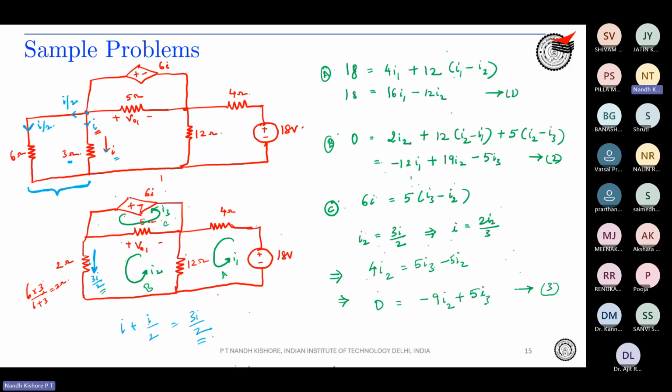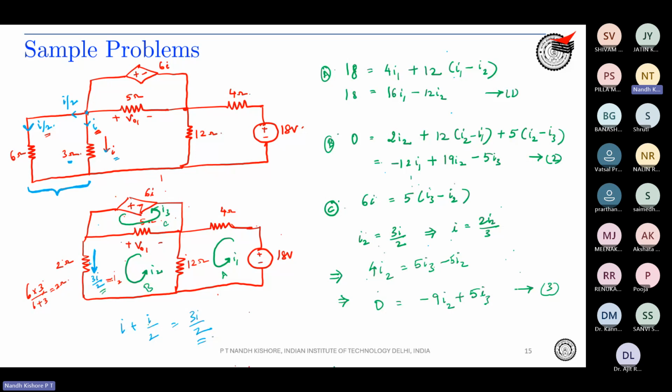Over here we found the equivalent current flowing through the equivalent resistor. I amount of current is flowing through 3 ohm, and you obviously know that I by 2 is the current flowing through 6 ohm. So the total current flowing through the equivalent resistance will be I plus I by 2, that is 3I by 2. And you know that 3I by 2 is basically the same as your current I2.